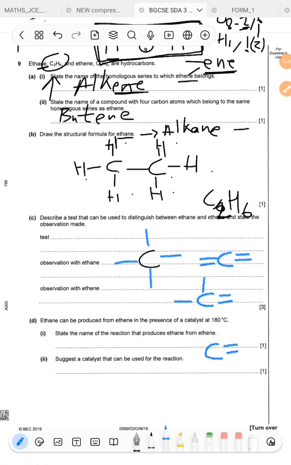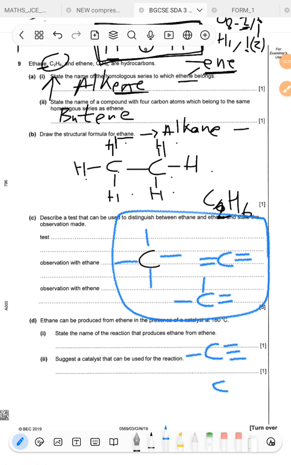We don't really do triple bonds, but when it comes to triple bonds, you'll have something like this. So these are the common configurations that you'll come across.